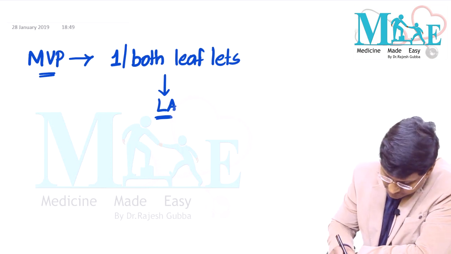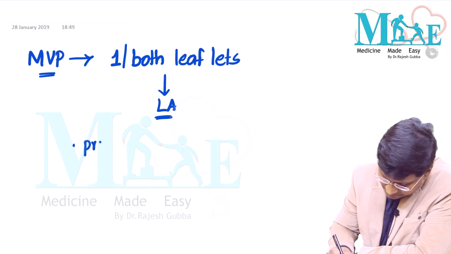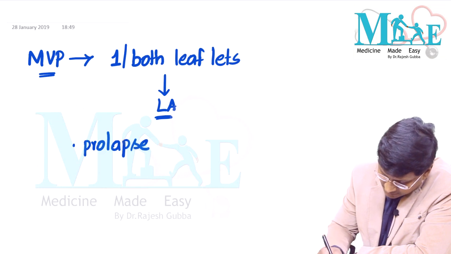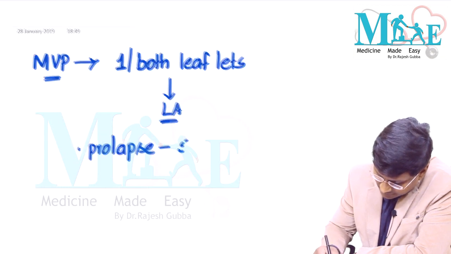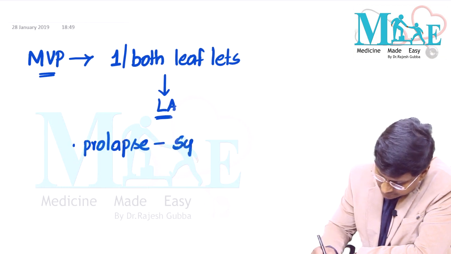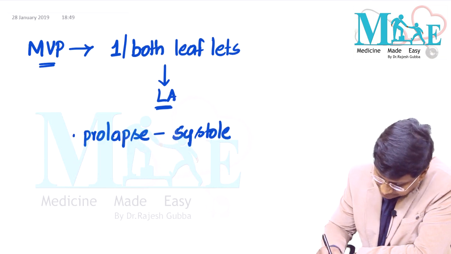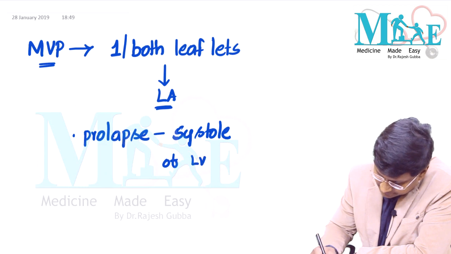So, the prolapse occurs during the systole of the left ventricle.